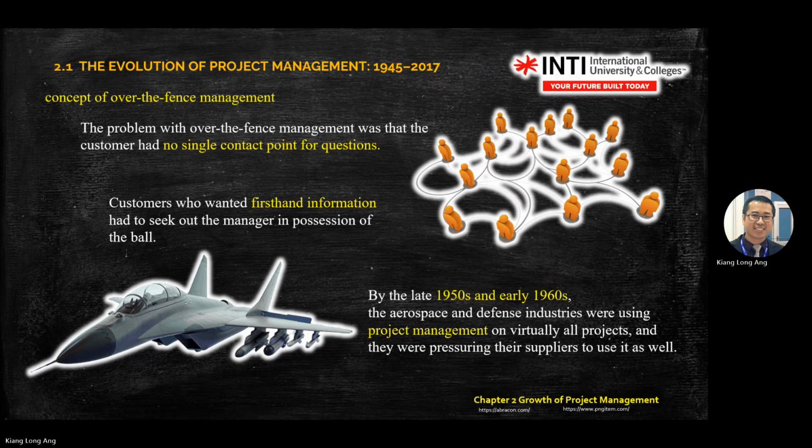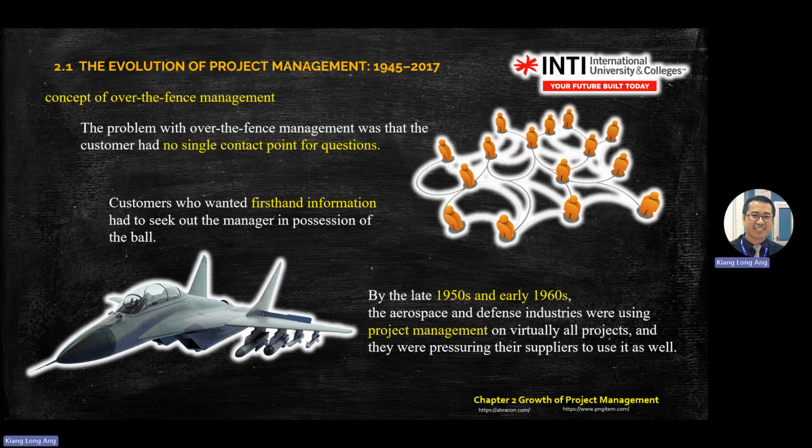So as we go into the war era, 1950s, 1960s, World War I, World War II era, countries start to look into their defense departments. At that time, the US aerospace and defense industry started to apply project management so that they could manage to produce weapons and machines for their country.